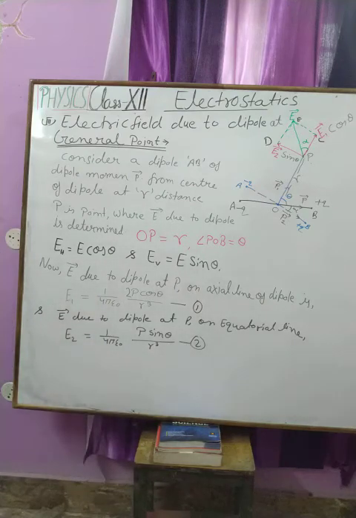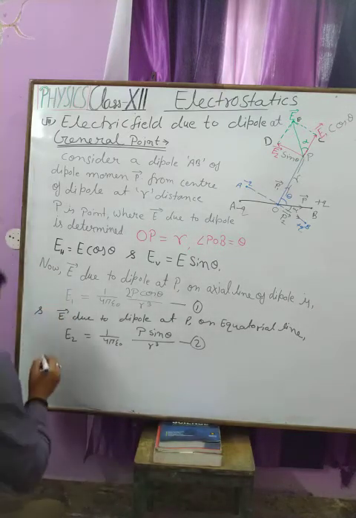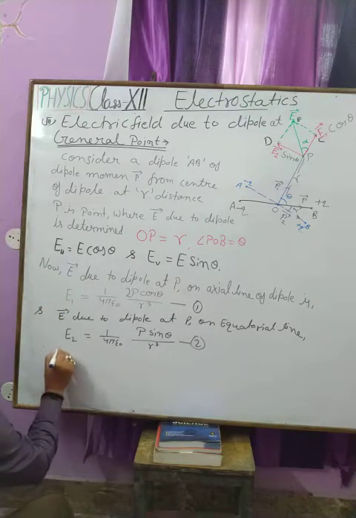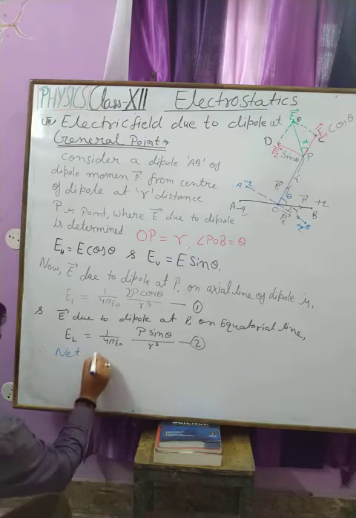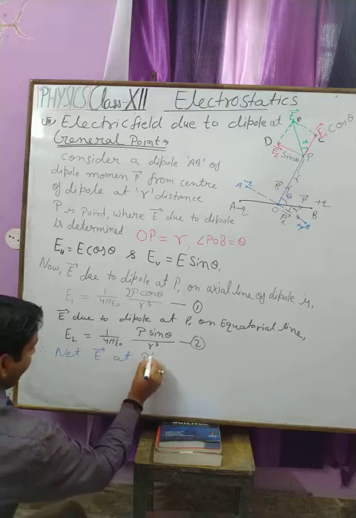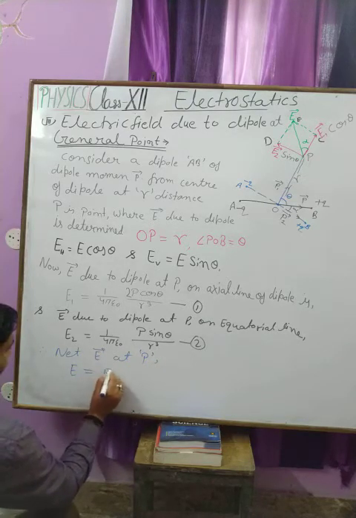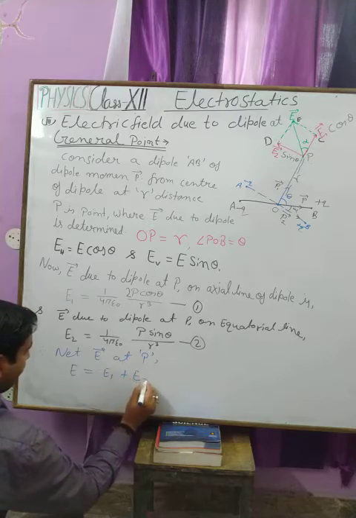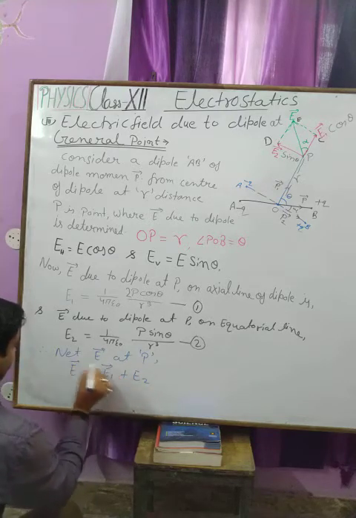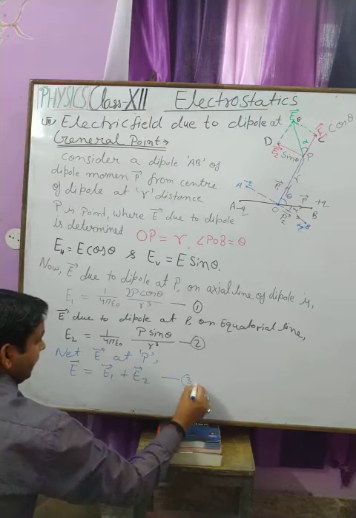Now we are calculating the net electric field at point P due to the dipole for a general point. Therefore, the net electric field at P is given by E is equal to E1 plus E2. Equation third.